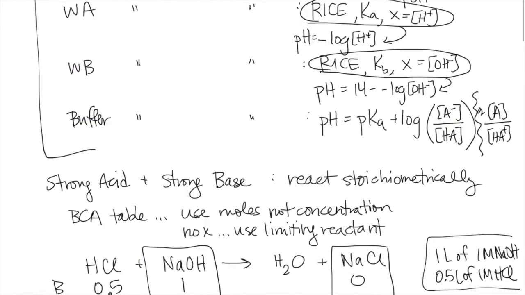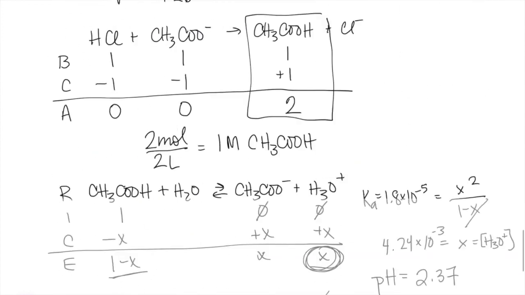The last one that I would want to do is what if you have a mixture of a weak acid and a weak base? This one's a little tricky because we know that they don't dissociate completely. They're both going to have these equilibria that are happening. So what can we do in this situation?